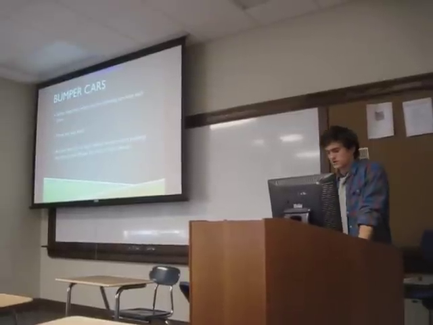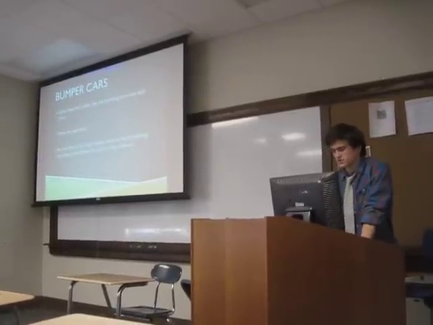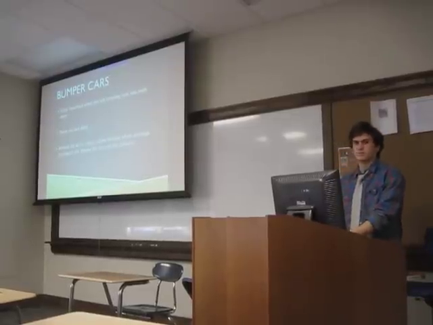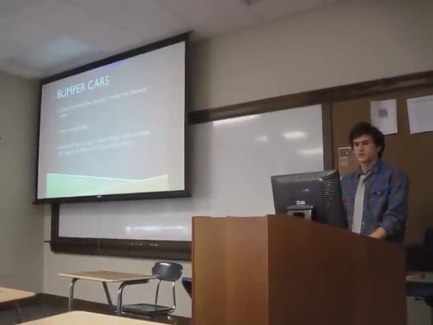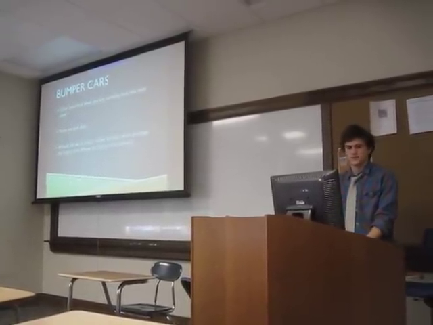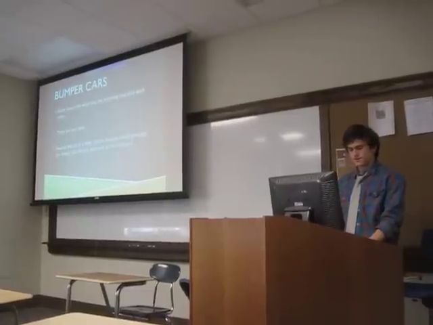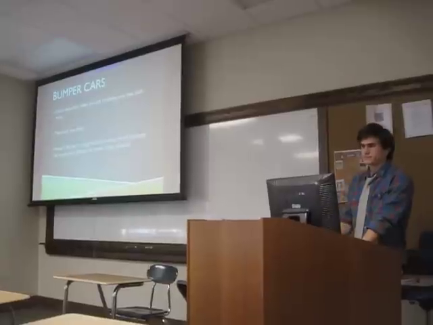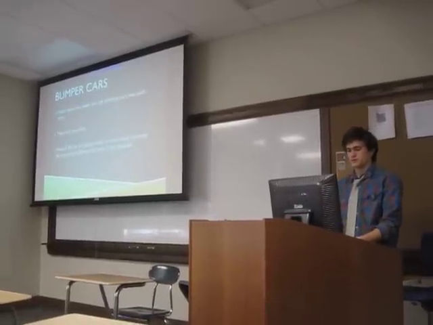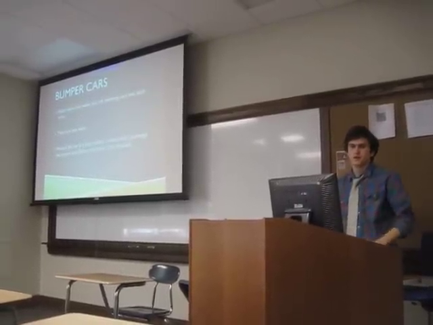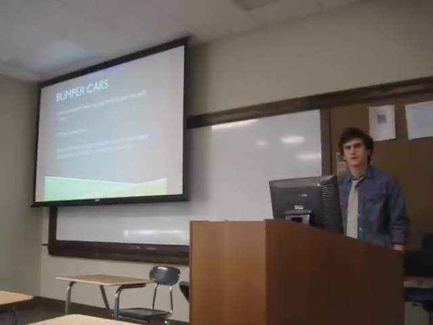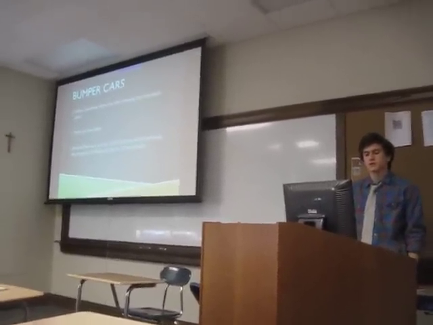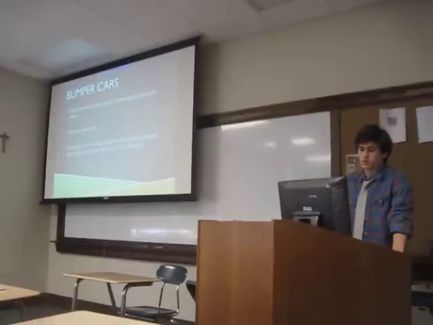And of course, with bumper cars, safety is a big issue that designers and engineers take into consideration. There are seat belts included, which help to keep the passenger in place, and also around the car there are large rubber bumpers, hence the name bumper cars.